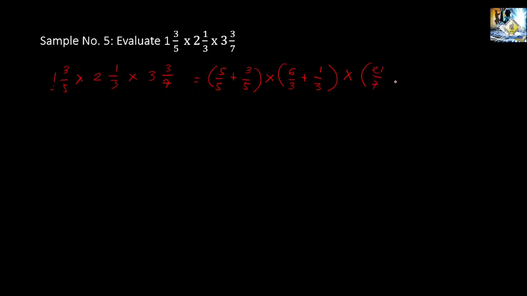And our denominator is 3 over 7. So same number of denominator. Okay, before you proceed, let's simplify. So we multiply right away.